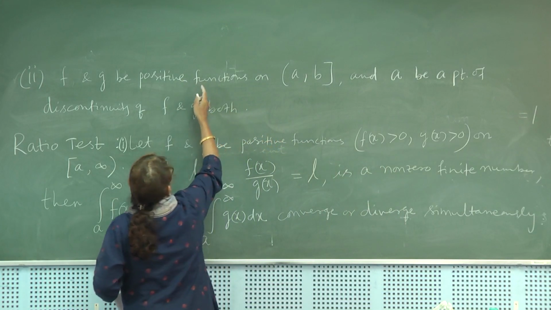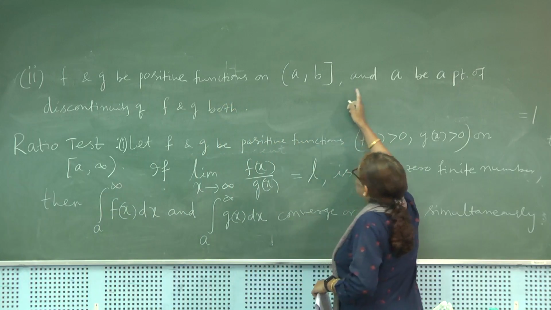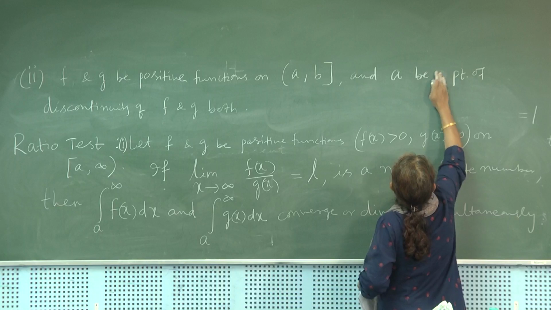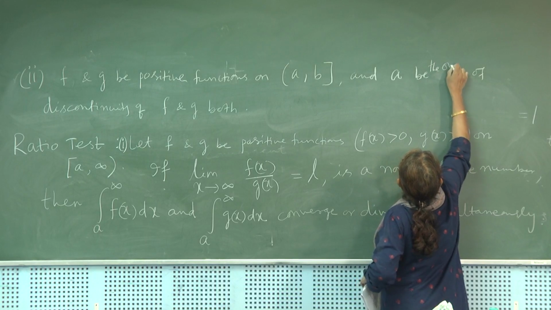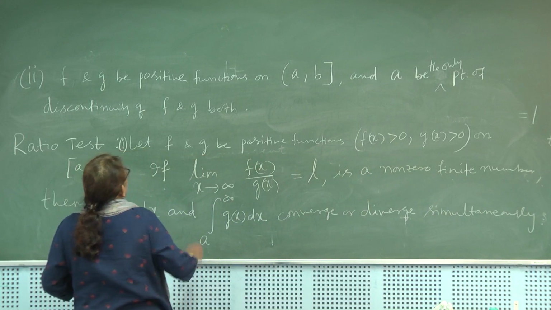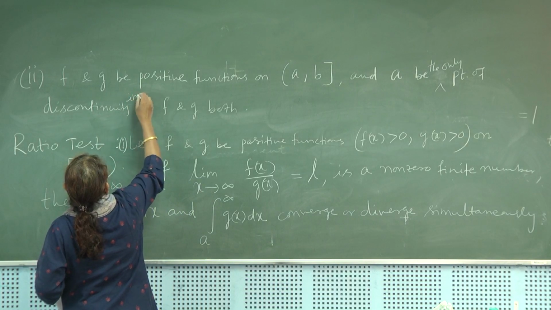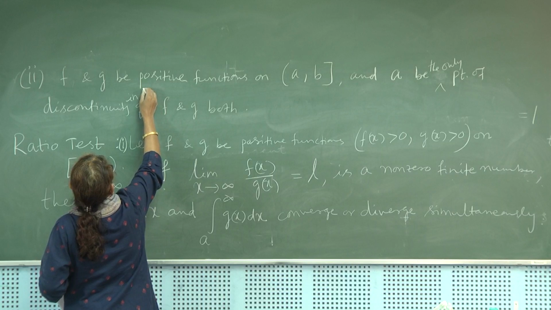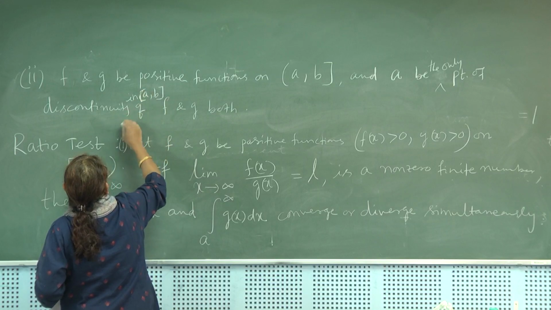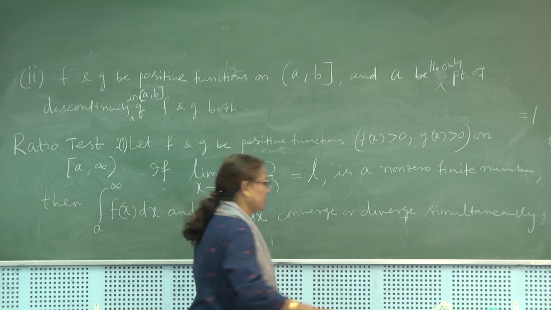You may write that except at a, f and g are continuous everywhere, and a is the only point of discontinuity of f and g both in this interval (a, b].